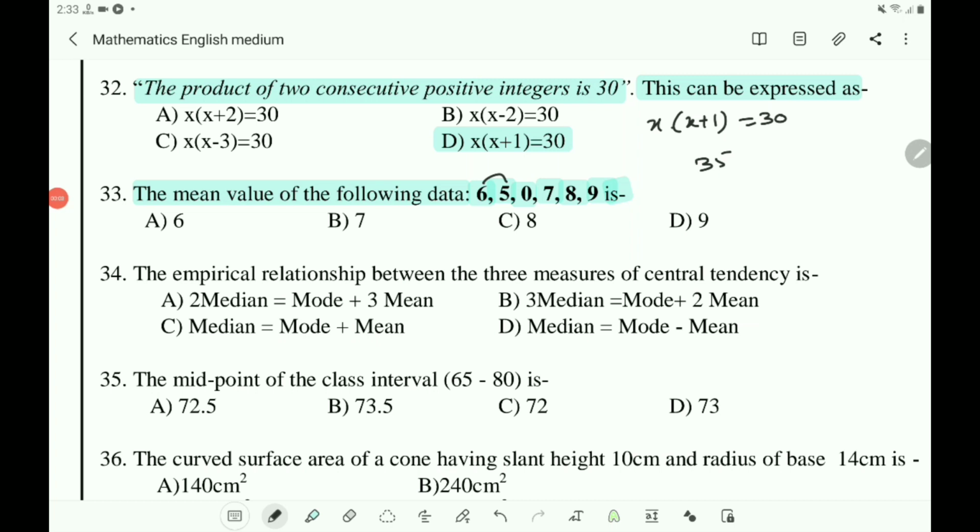Actually it must be divided by 6, but here one value is 0, so you can leave this. So you divide it by 5. Then it becomes 7. Option B, 7, is the answer.